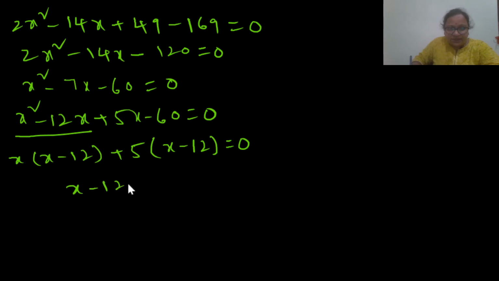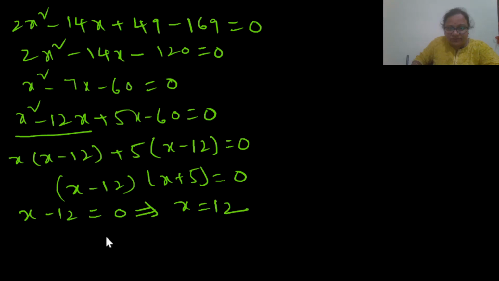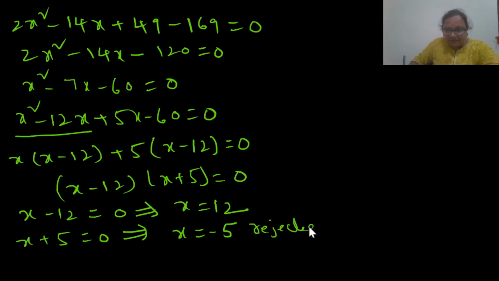Now x minus 12 into x plus 5 is equal to 0. x minus 12 is equal to 0 means x is equal to 12. x plus 5 is equal to 0 means x is equal to minus 5. Because base means it is a line segment, it cannot be negative. So x is equal to minus 5 is rejected.